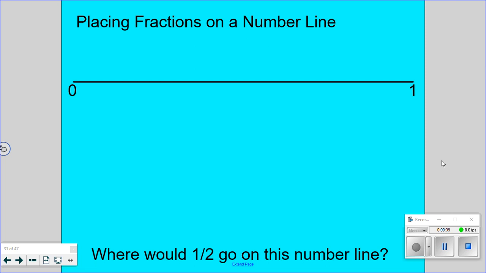Placing fractions on a number line. We've talked a lot about how fractions are parts of a number. The fractions we've been learning about are less than one whole. Fractions can be more than one whole.